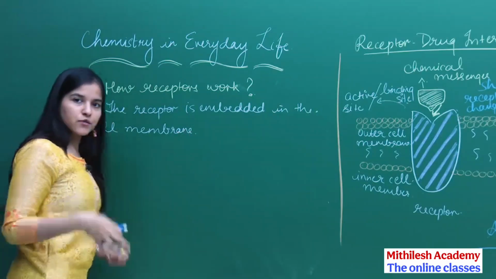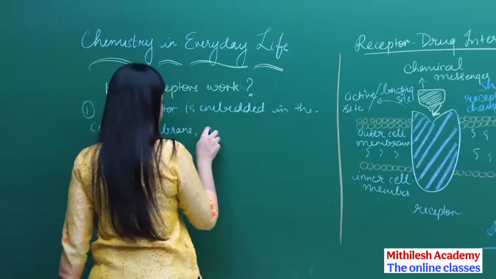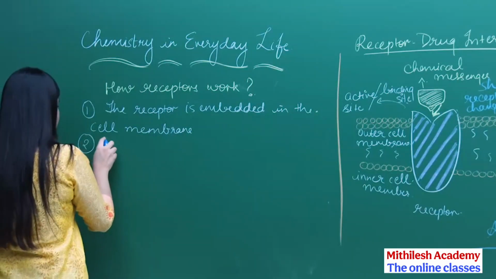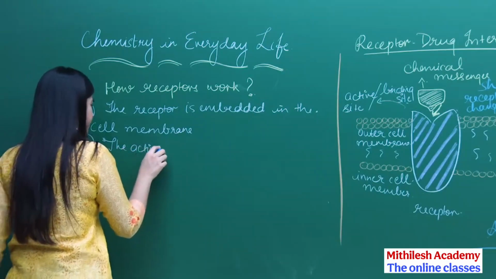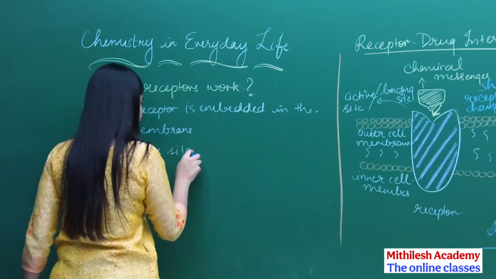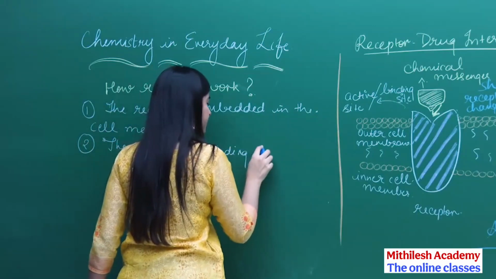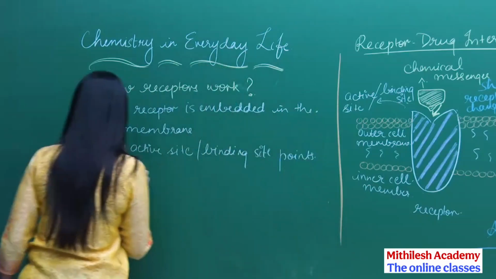So that is embedded within the cell membrane, having the active site pointing outwards. So I will just write as the second point, the active site, or I can say the binding site, points outwards.